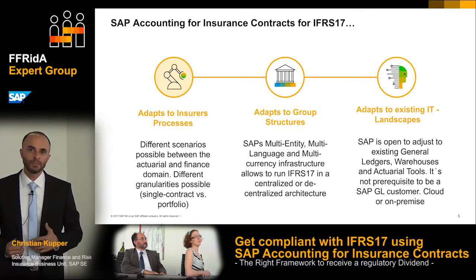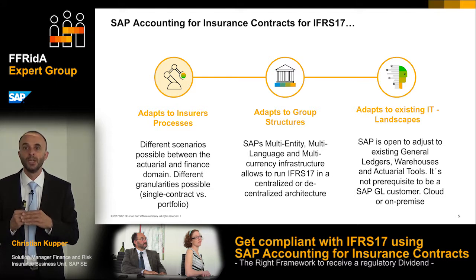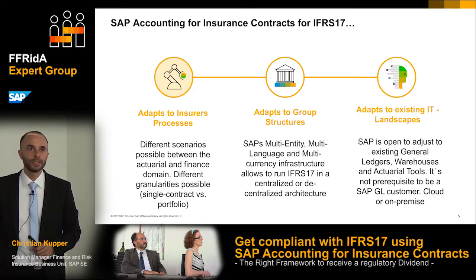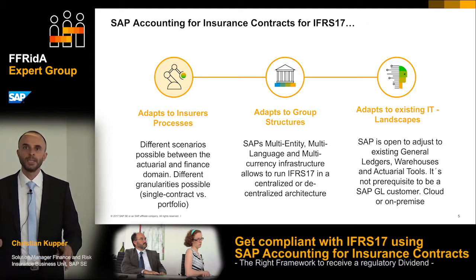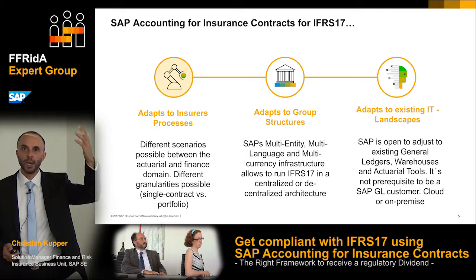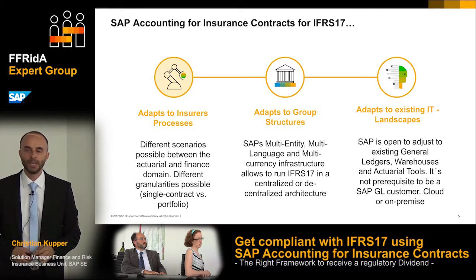What does it mean? We have some clients whose organization is very centralized. So basically, they could have one Insurance Analyzer, one SAP accounting for insurance contracts, and all the local entities can be interfaced using that, passing it on to a central general ledger.